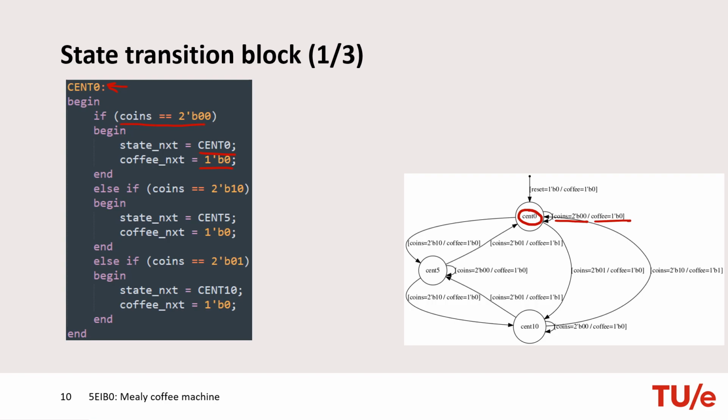If you add coins B10, then you will get to send 5. If you look at this line, you see B10, and the next state is send 5, and the output will be 0. From there on, you can basically follow all the lines and do this for every state.